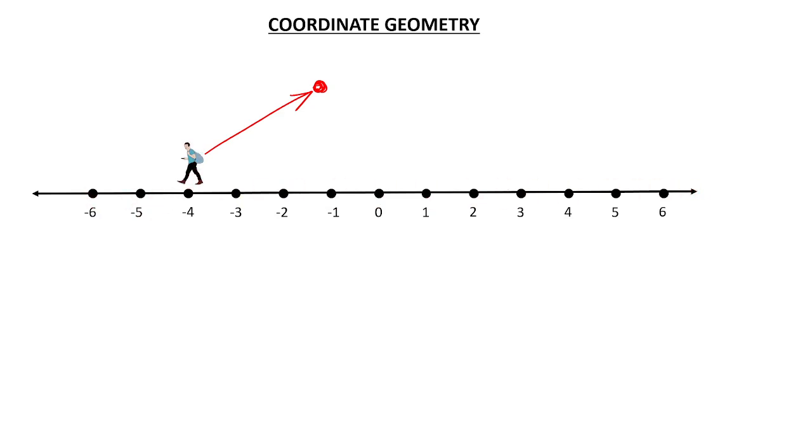If he travels in another direction like this, we cannot say the position of the person using this number line. So in order to express the position of the person, we need one more number line. The single number line is not sufficient to answer this type of question.